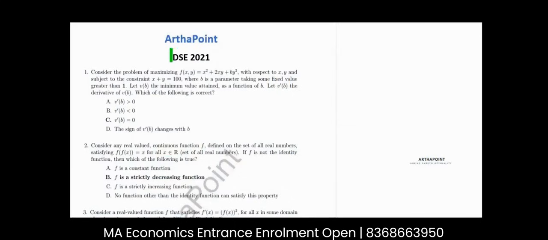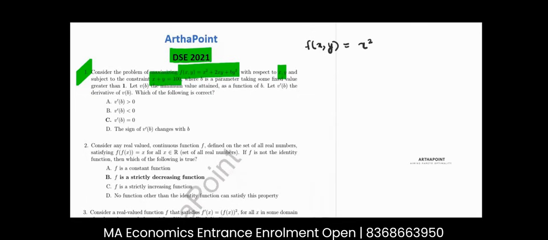This is DSC 2021, question number 1. Let's see what the question is saying. Consider the problem of maximizing the function with respect to x, y, subject to a constraint. Now please see this. You're given a function. This function no doubt is a function of b.